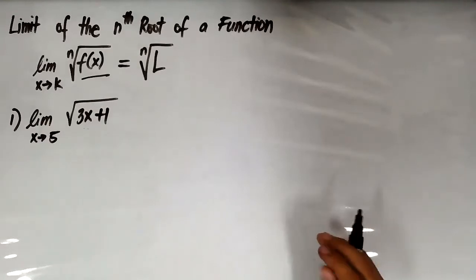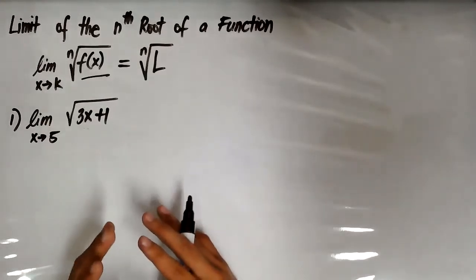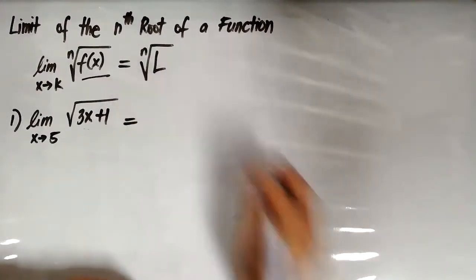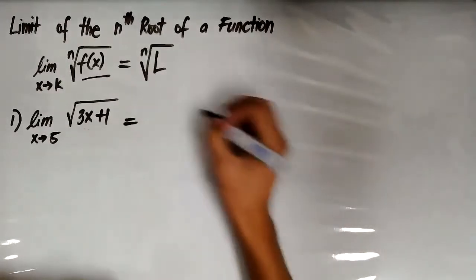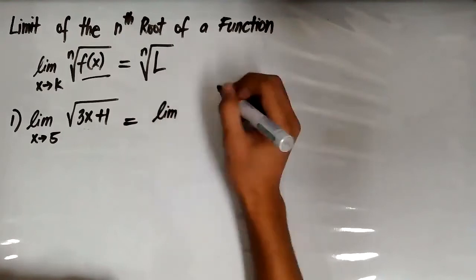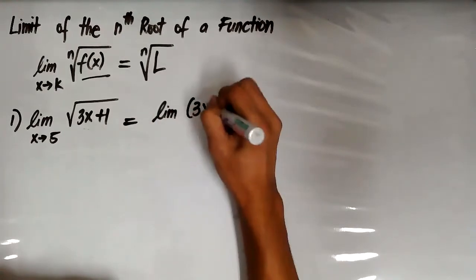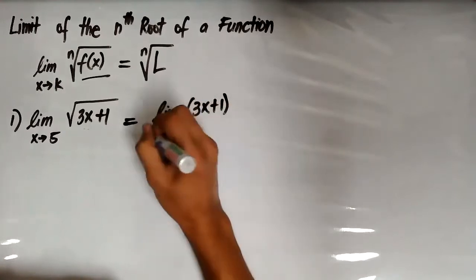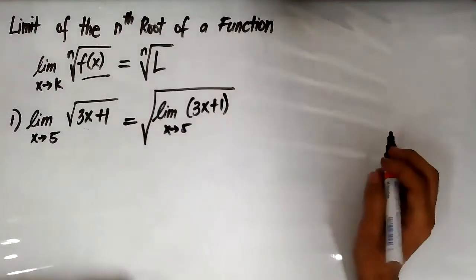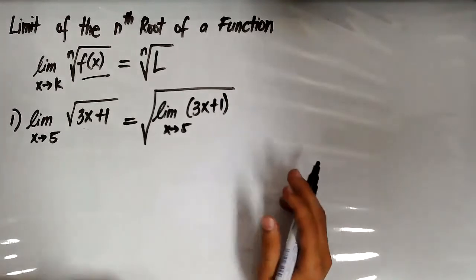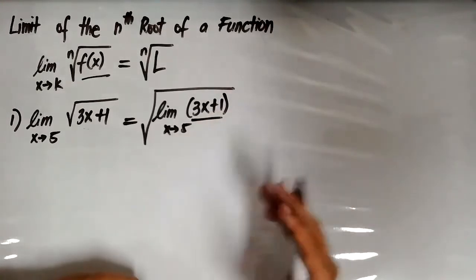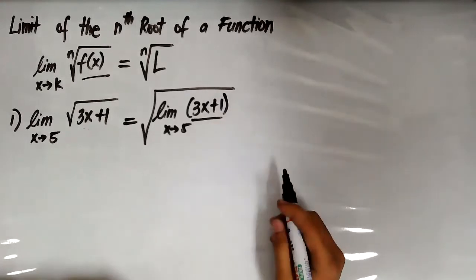All right, so here we're going to apply the limit of the root of a function. By applying this law, this will be equal to the square root of the limit of 3x plus 1 as x approaches 5. As we get their individual limits, we have to apply the sum law.